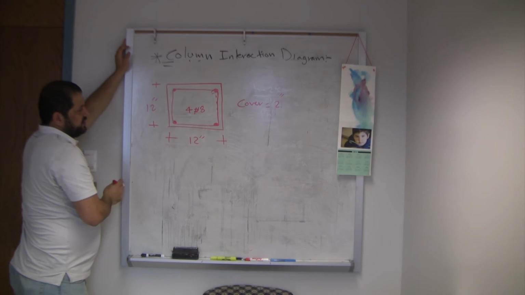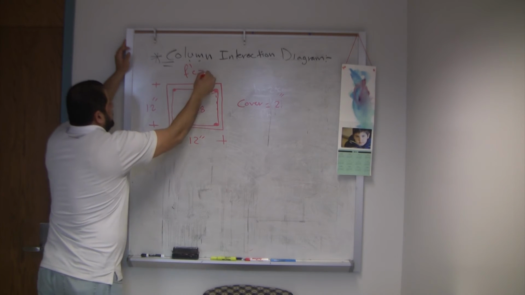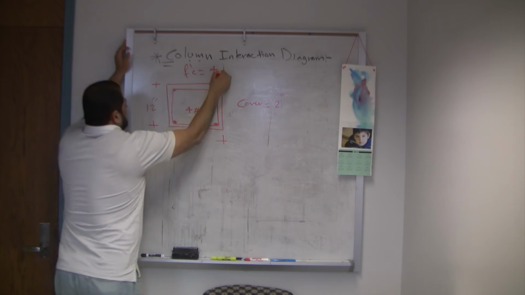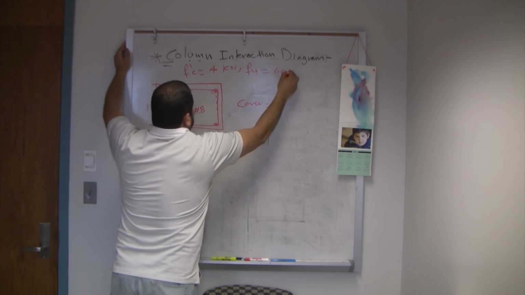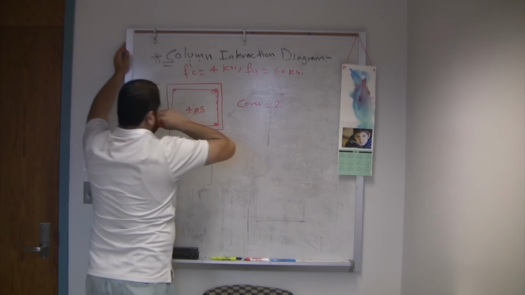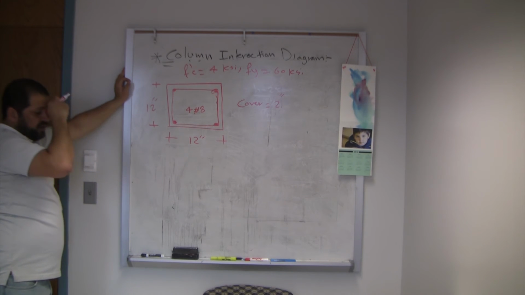What is the design strength for this column if F prime C equals 4 KSI and Fy equals 60 KSI?